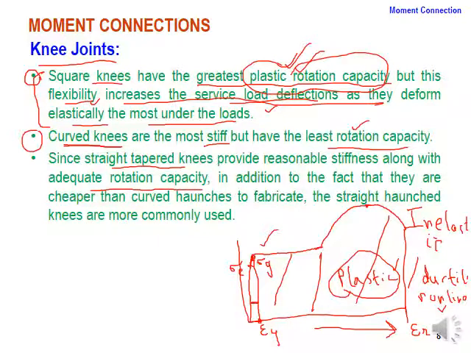On average, between these two extremes, we can consider the straight tapered knees or the straight haunched knees. Those give you reasonable stiffness along with adequate rotation capacity: not the maximum, not the least, but in between. In addition to being cheaper to fabricate than the curved haunches, the straight haunch knees are more commonly used.